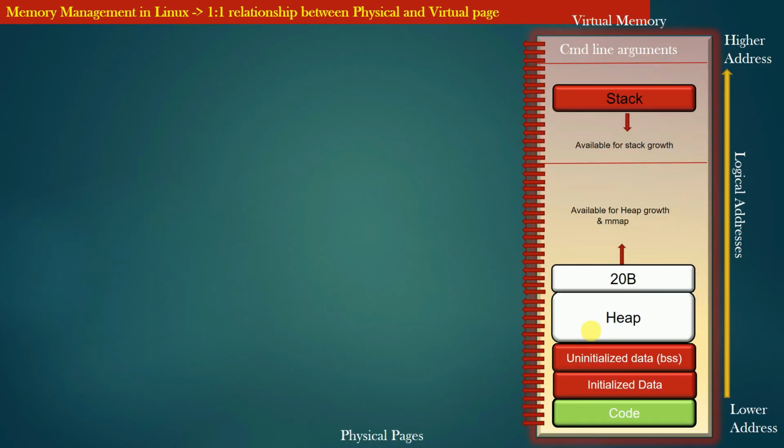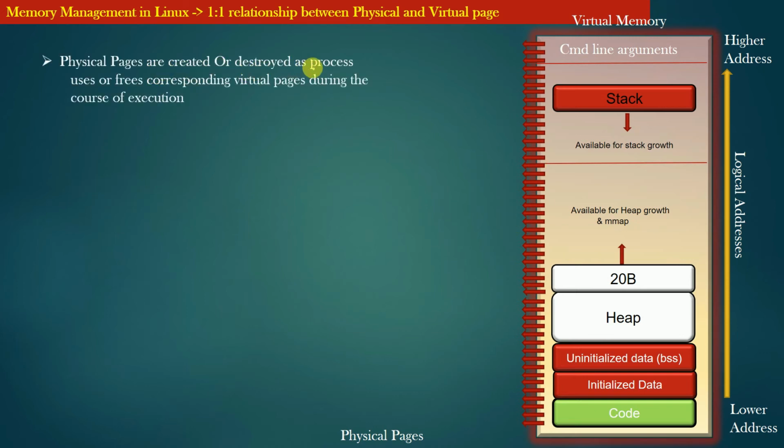Now going forward, you can see the diagram on the right hand side represents the virtual address space of a process in execution. So physical pages are created or destroyed as the process uses or frees corresponding virtual pages during the course of its execution.